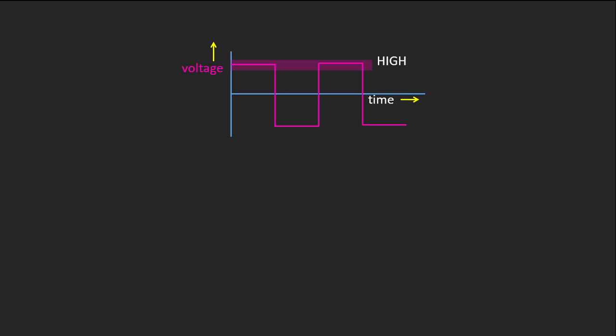So I have drawn this as a thick band of signal voltage levels which represent the high signal. So not only a single voltage but a range of voltages is considered as high.